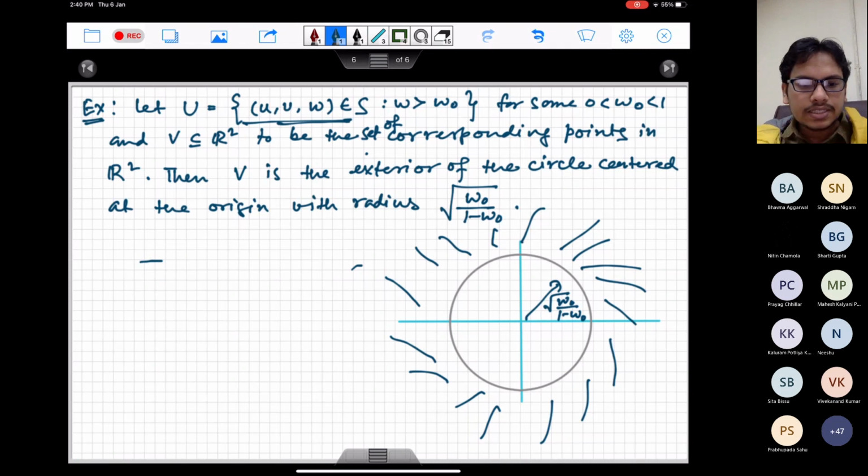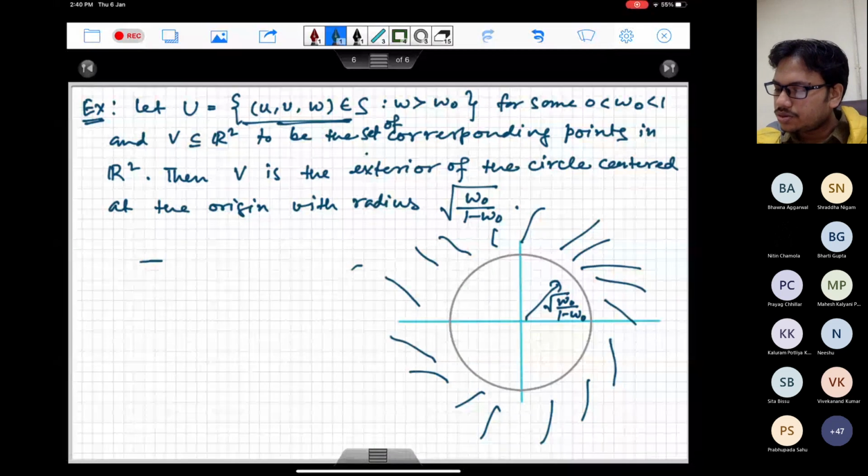Okay, fine. Is this clear? This is something you should try to work out: the points of U correspond to V, which is going to be the exterior of this circle that I have drawn over here.